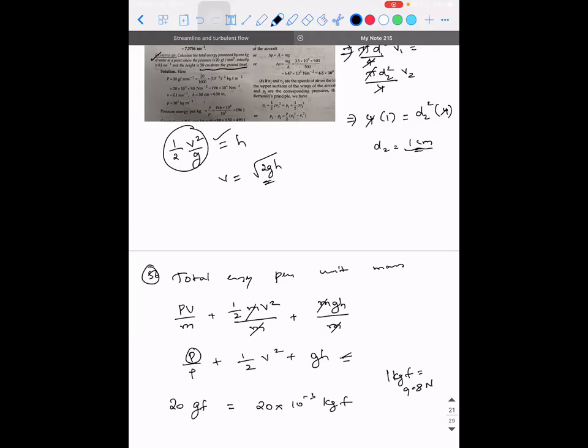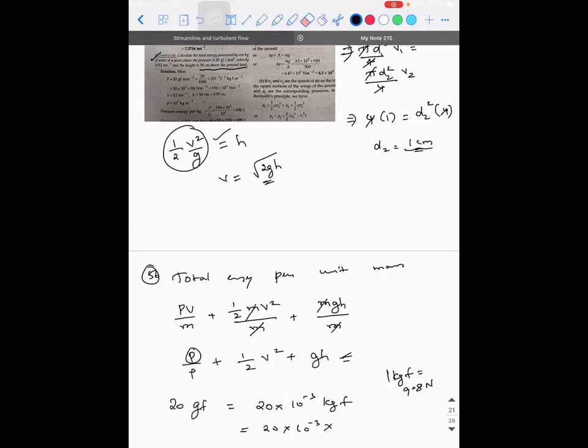That's the safer side, right? But they have given kilogram force per millimeter square. First, let me convert this to Newton.